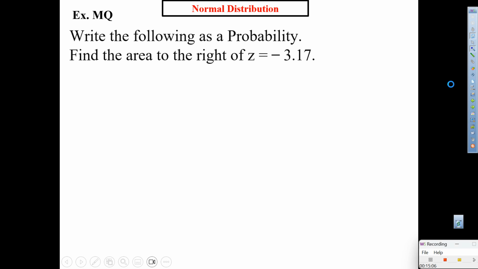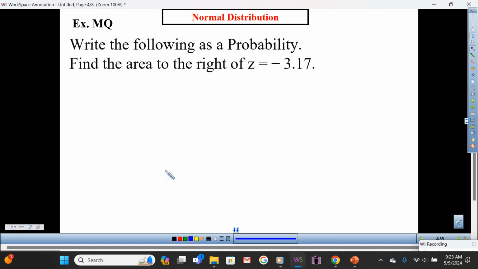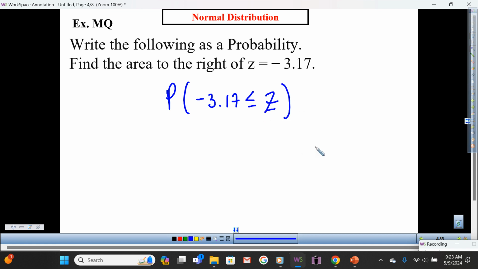All right. Who went last? Daisy. Oh, Chelsea, pass someone. Briseida. Negative 3.17 less than or equal to Z. Let's Z. So let's say it's over here, but now we need everything to the right.